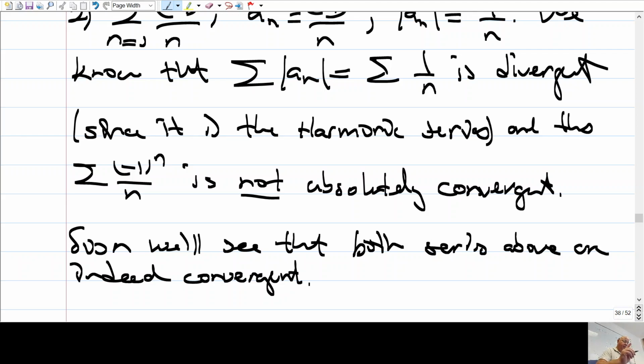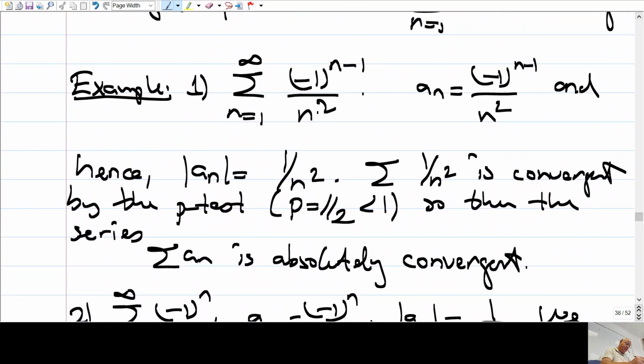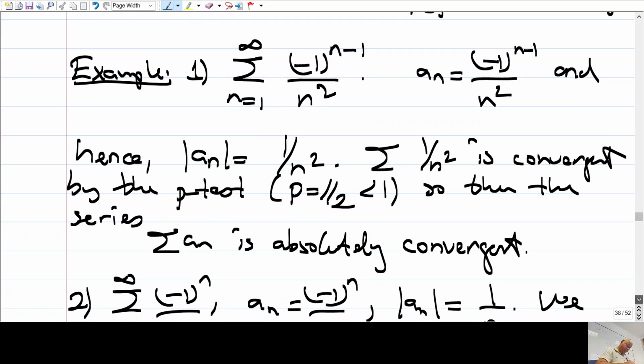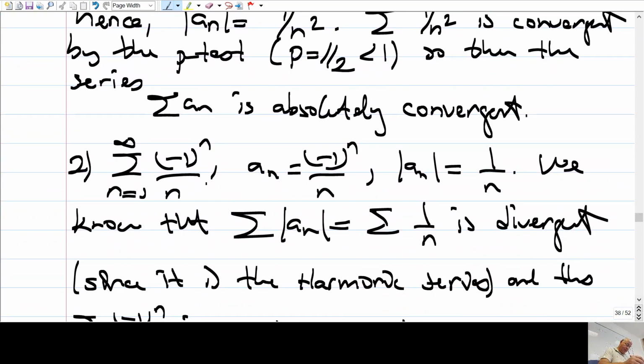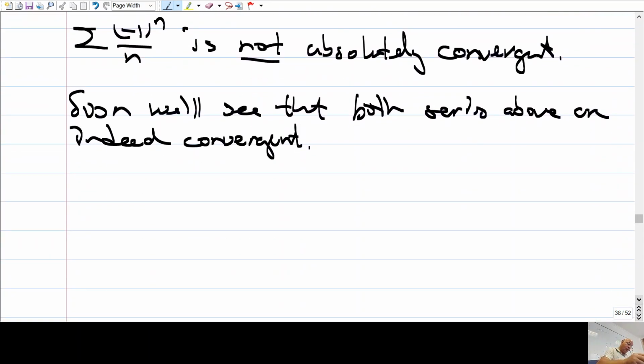The first one is also absolutely convergent, and the second one is only convergent but not absolutely convergent, right? We will show that both of them are convergent.